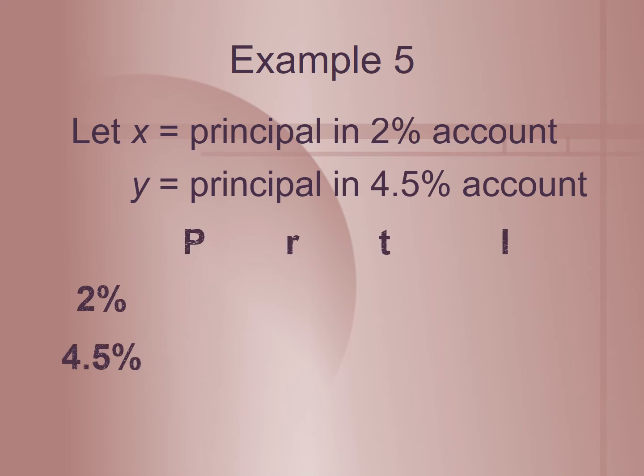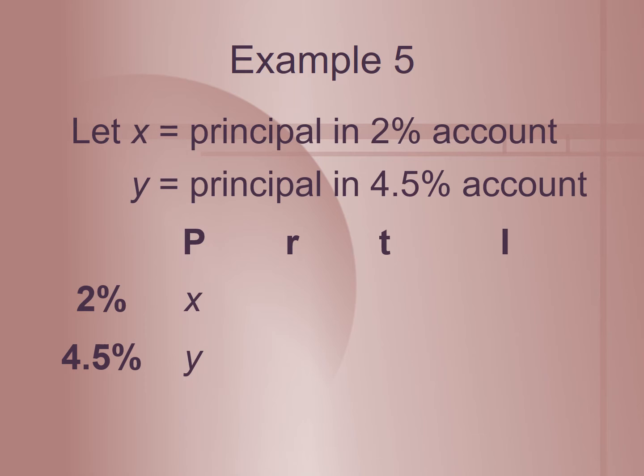So we have to recall our equation for interest, which is principal times rate times time. Multiply those 3 together, and that's how you get your interest. There are 2 different accounts, so we're going to set up a table. We have the 2% account and the 4.5% account. Remember, we let x be the principal amount in the 2%, and y be the 4.5% principal amount.